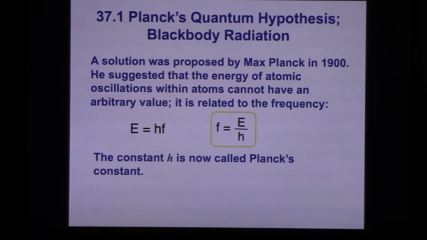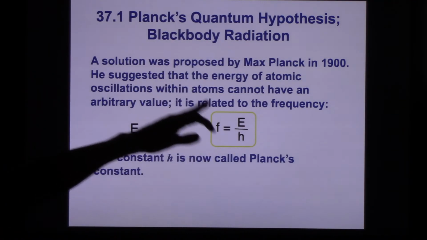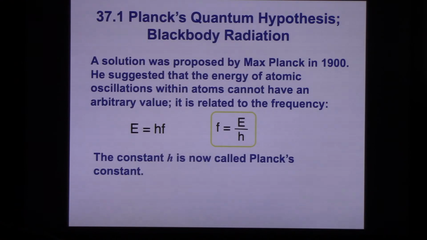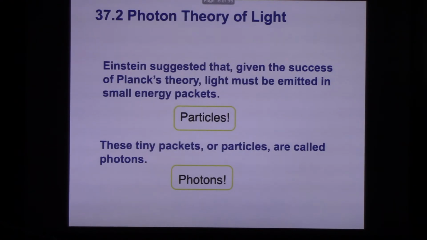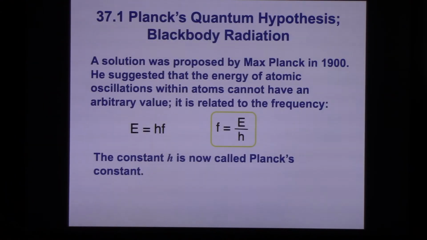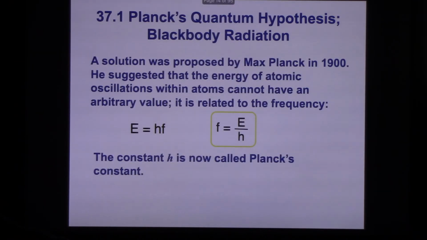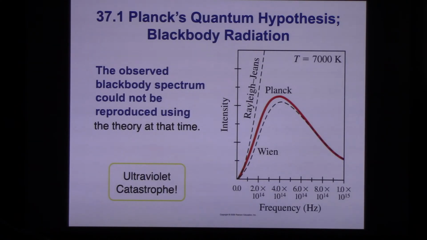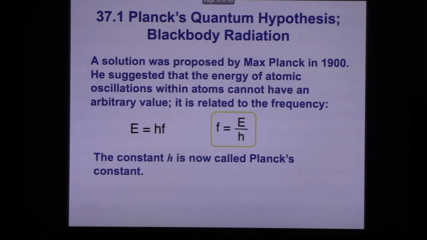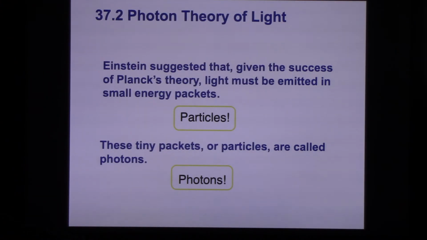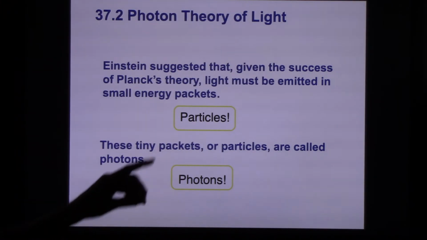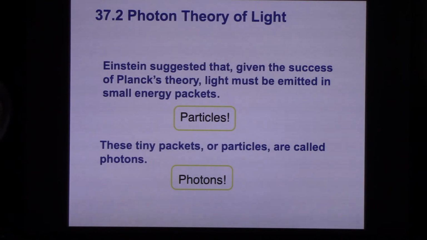Planck took this mathematical formula and developed the Planck distribution. Let me go back and look at it. By assuming that each wavelength required a certain amount of energy, he was able to produce a theoretical plot that matched the experiment.